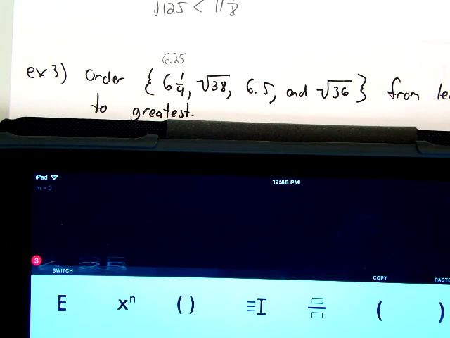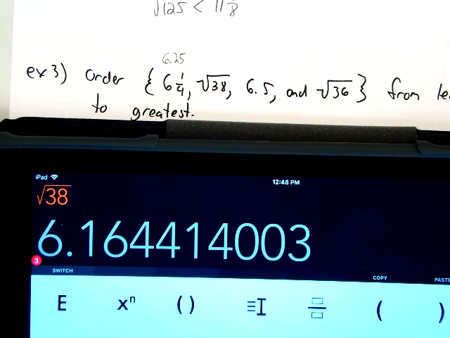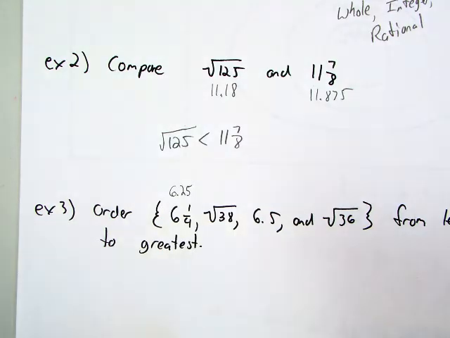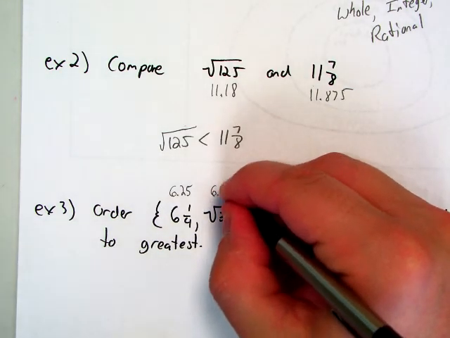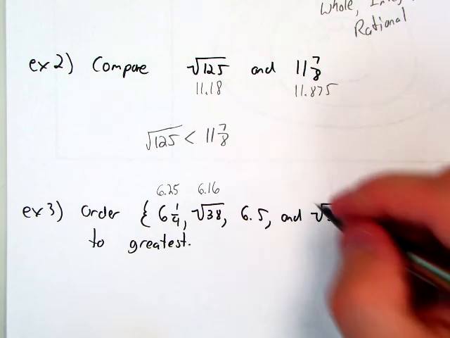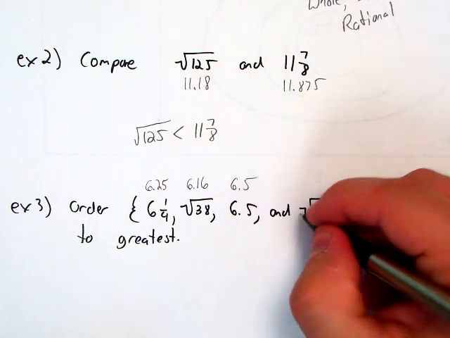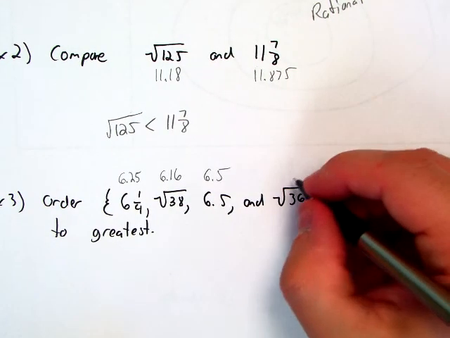Next one, we're going to be looking at the square root of 38, and that is 6.16. So I'm going to write down 6.16. 6.5 is already written as a decimal. And then the square root of 36, that's 6.